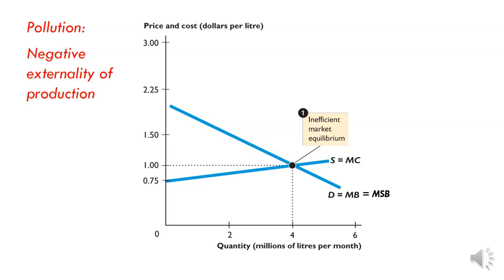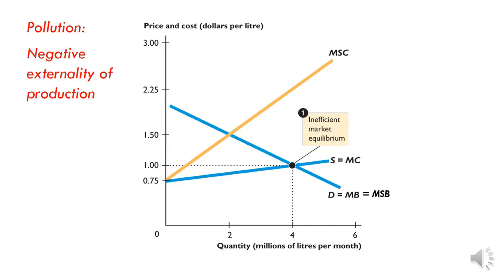If we add the negative externality of production on top of the private costs, then we would have a curve, for example, like this. It doesn't have to look like this, I've just drawn it like this. This is reflecting the fact that as production increases, I've drawn it so that the negative external effect, the negative external cost experienced by others, gets larger and larger and larger.